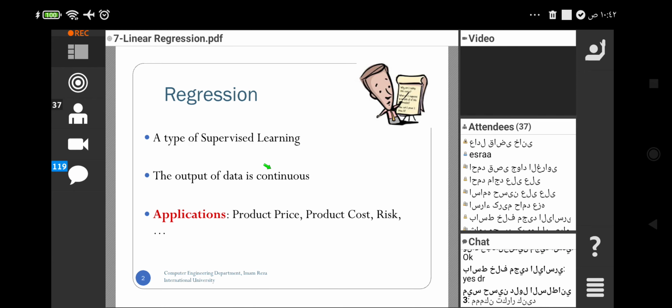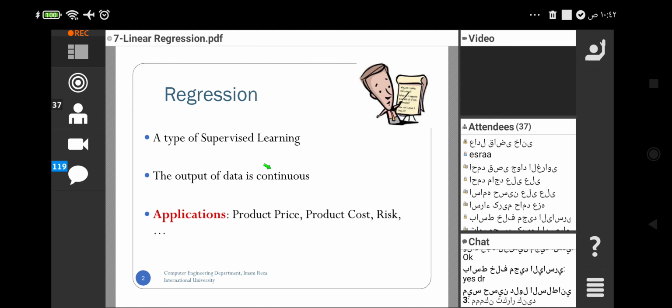One good example of regression is the price of a house, when somebody wants to buy a house. If we want to predict the price of a building, it has continuous values.